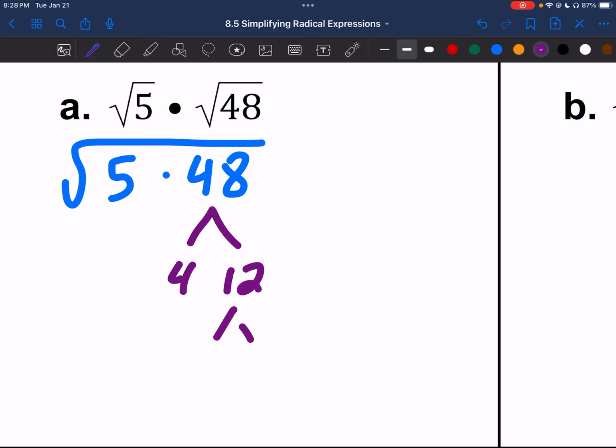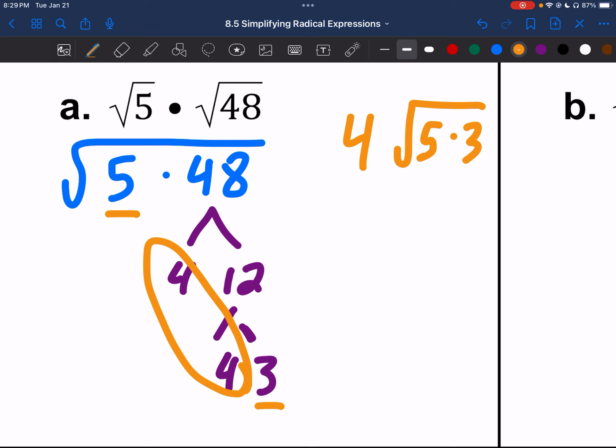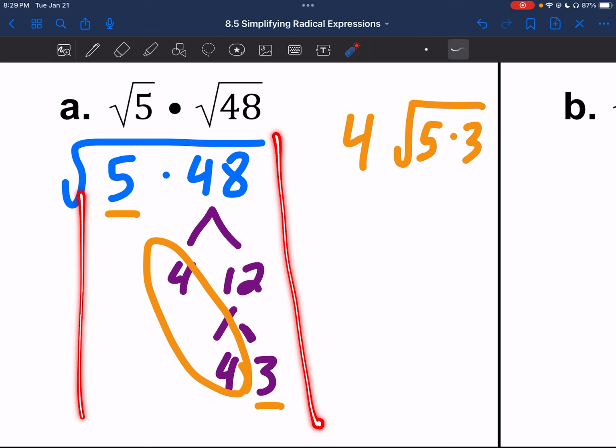I still have a 5 and I still have a 3. Those two values remain under the radical symbol. They're still in those trees. They're still inside the radical, right? You can picture this as there's a box here, right? And those numbers are still trapped inside of it. They don't have the pair that can get them out. So the 3 and the 5 stay inside that box.